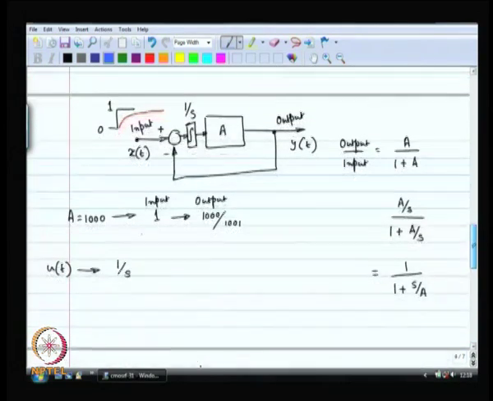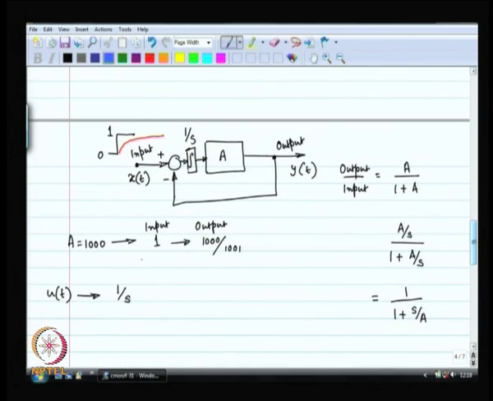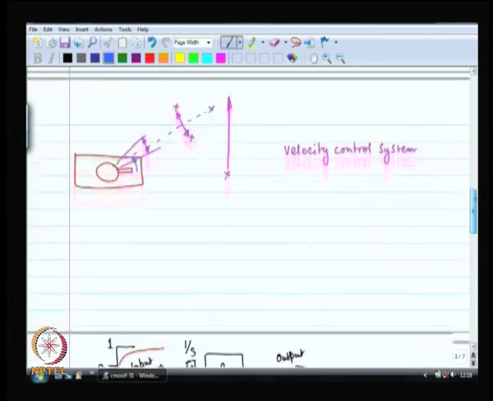So, what this means is that if I make a trivial control system, a position control system, and the input is not a position, the input is a ramp, then the output is no longer going to be able to track the input. It is going to kind of do it with an error, there is going to be a lag. What does this mean for us?